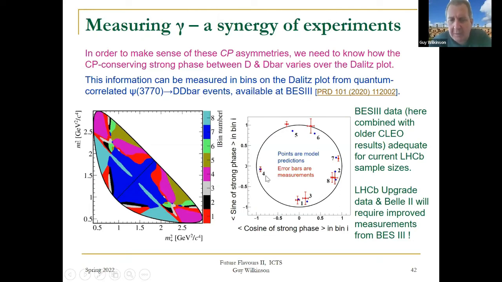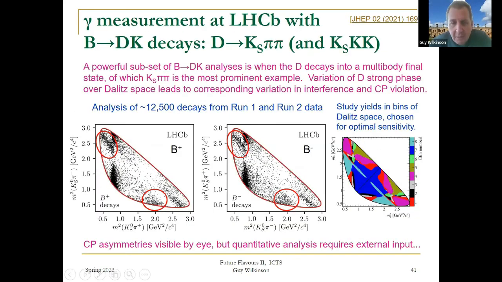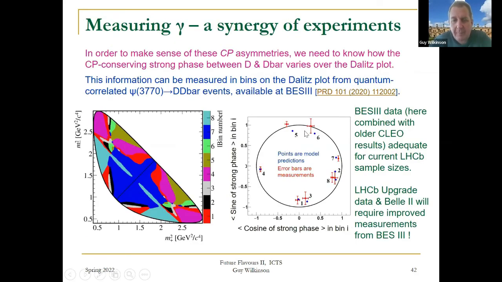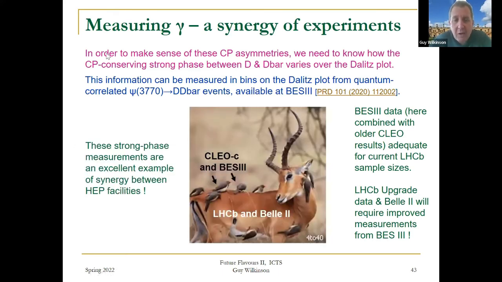I don't want to go into more detail, but this is very necessary external information we need for interpreting those CP violating signals. We need to get gamma out of this, and this information comes from these other experiments. It's a very nice demonstration of the synergy between big, powerful hadron colliders and the smaller scale, more elegant e+e- charm machines.